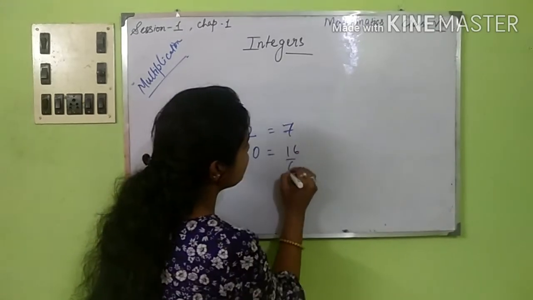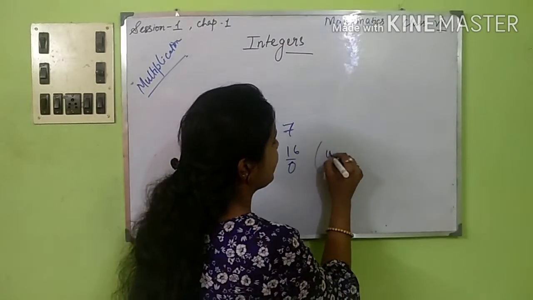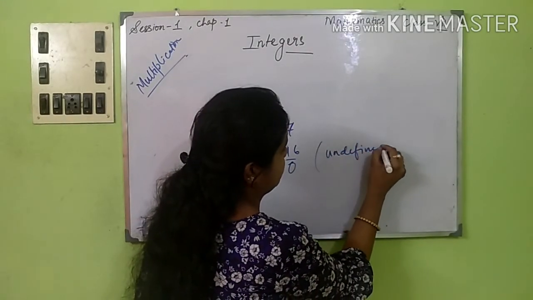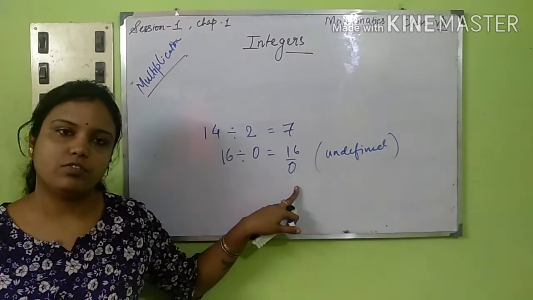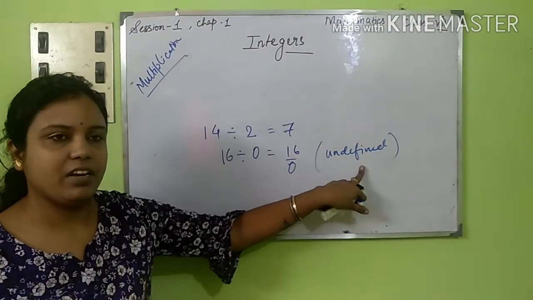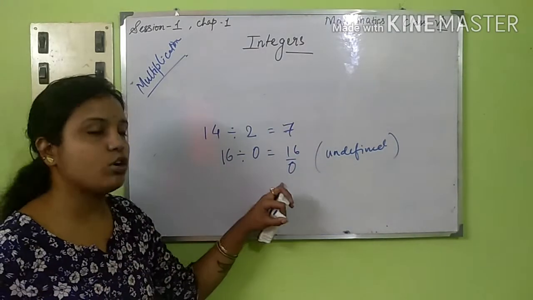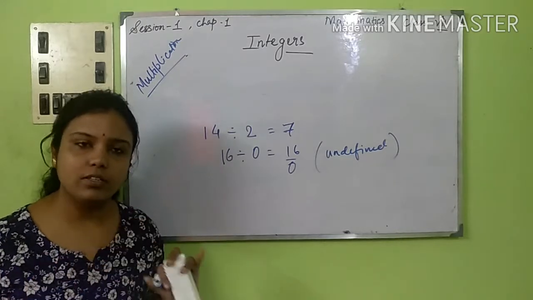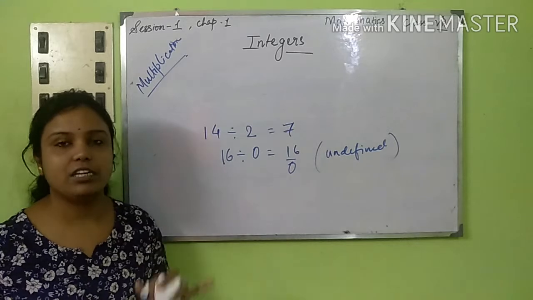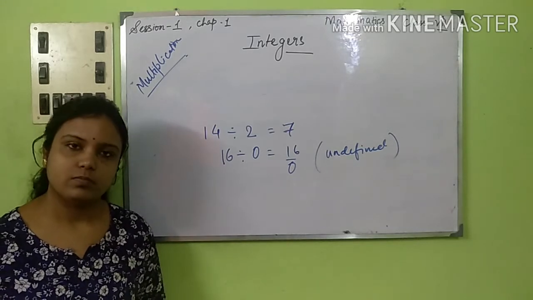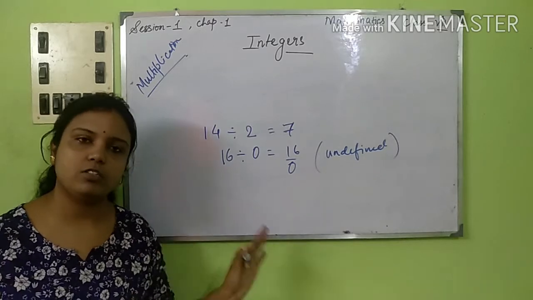That means 16 by 0. We know 16 by 0 is undefined. We don't have any particular value for this division. That means there is at least one case where it does not hold. In that case, we cannot say that the closure property holds for all integers under division. No. We will say that closure property doesn't hold.